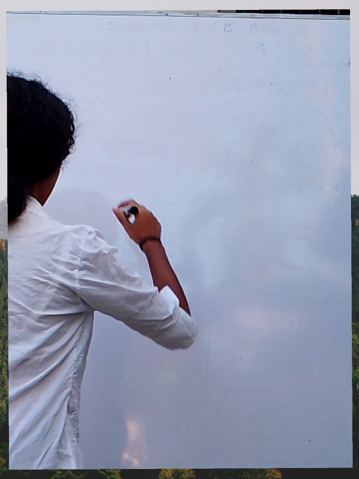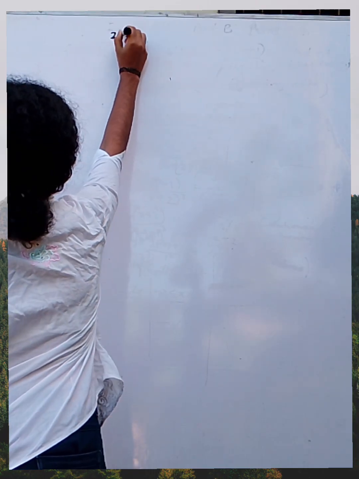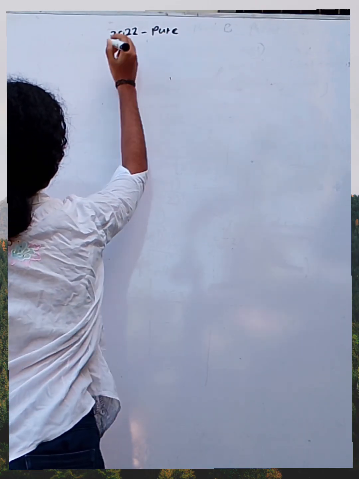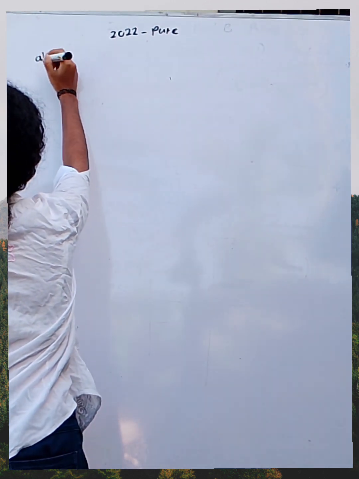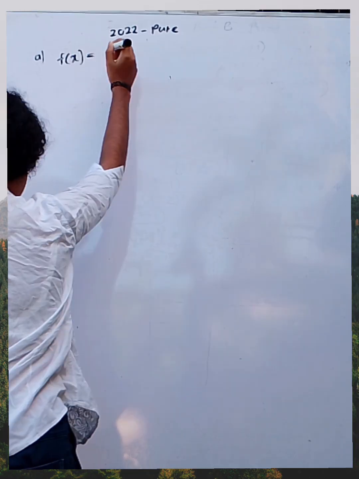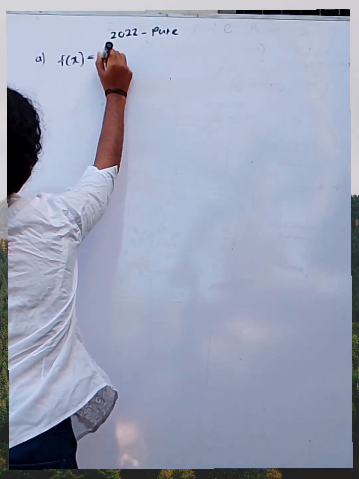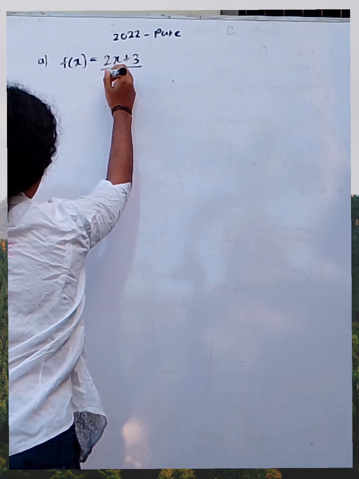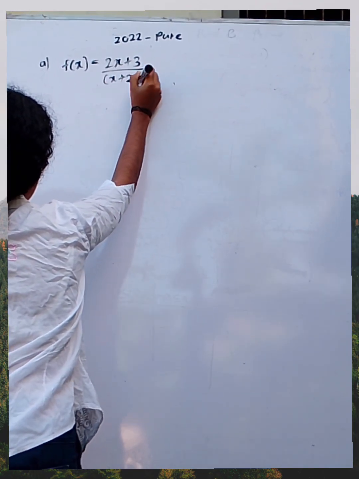They have given us a function f of x. f of x is (2x plus 3) divided by (x plus 2) squared.